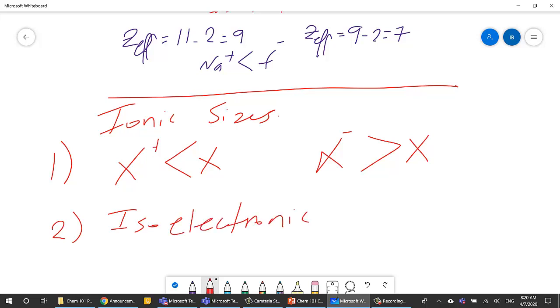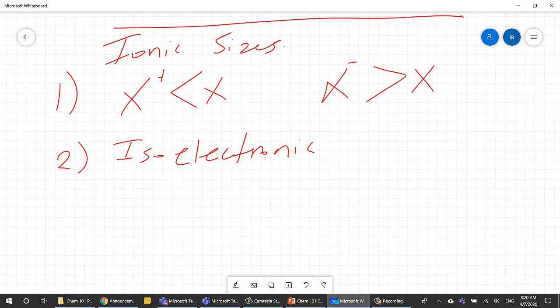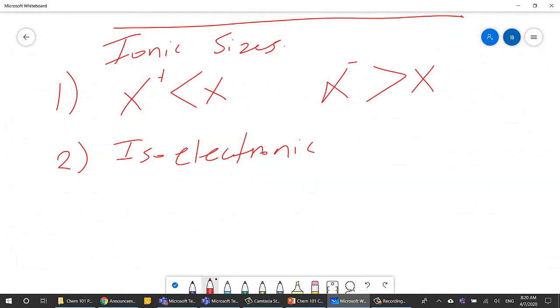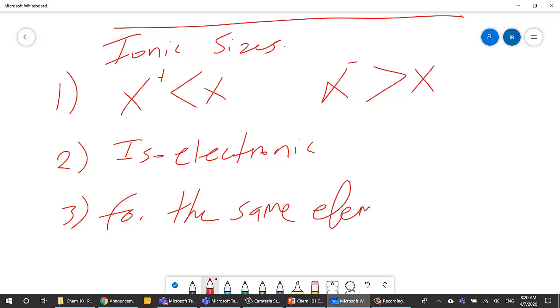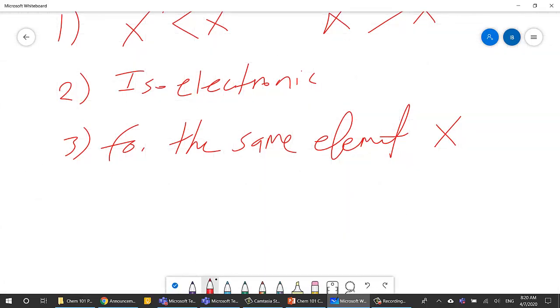Okay? And rule number 3 is that for the same element X, it's clearly that X3 plus is smaller in size than X2 plus and smaller than X plus.